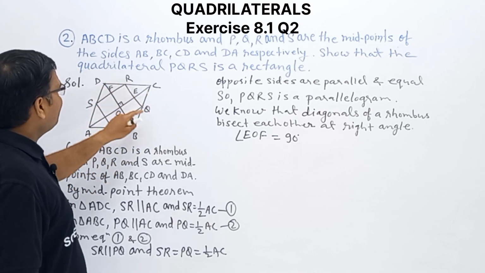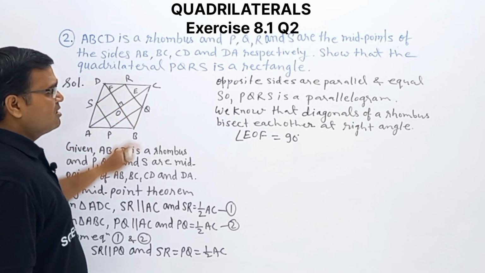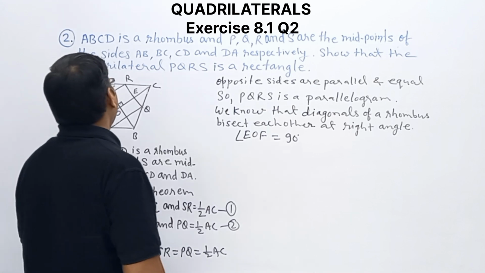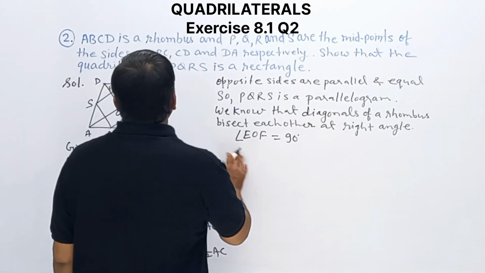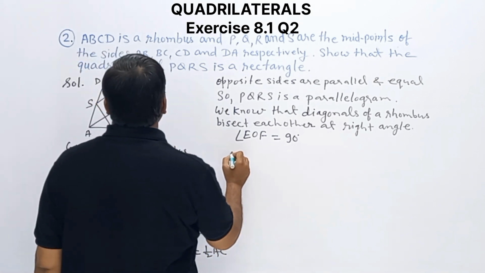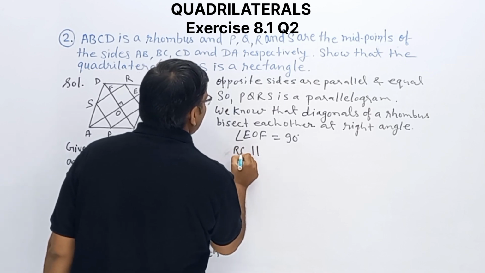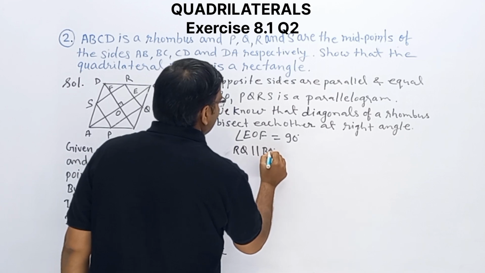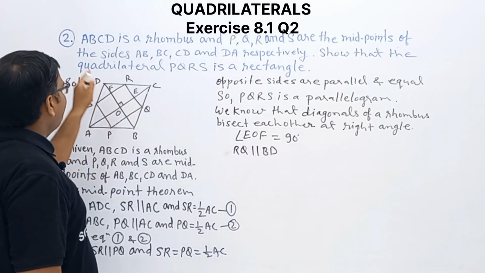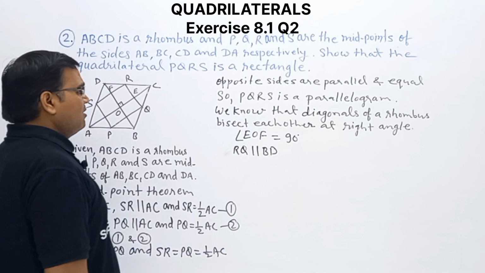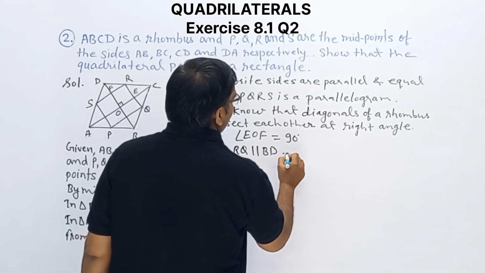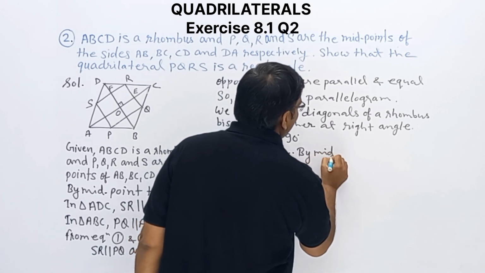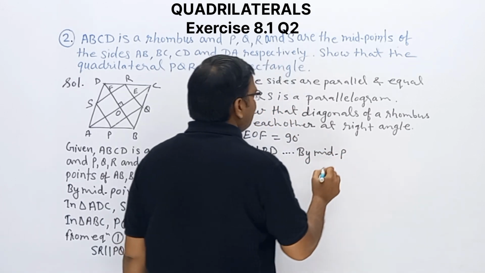So line segment RQ is parallel to BD by the midpoint theorem. Why are they parallel?